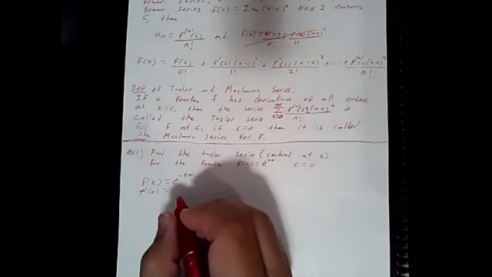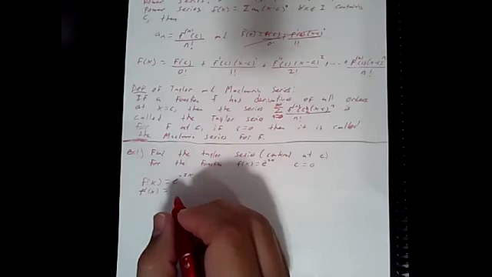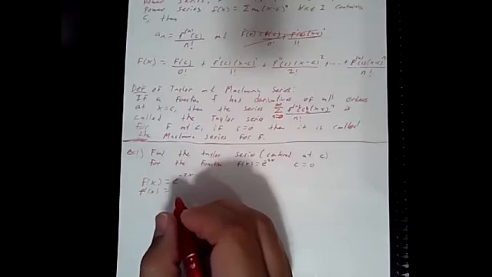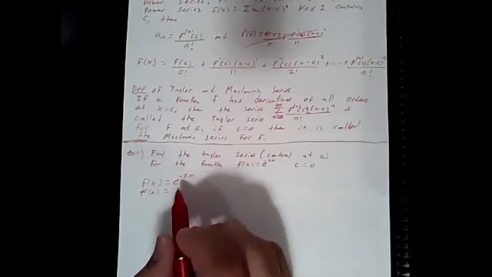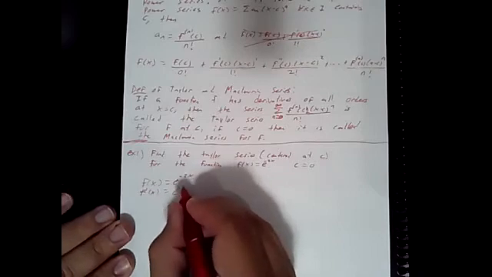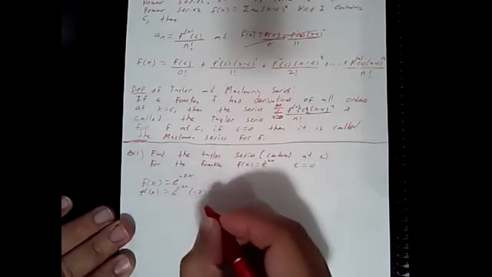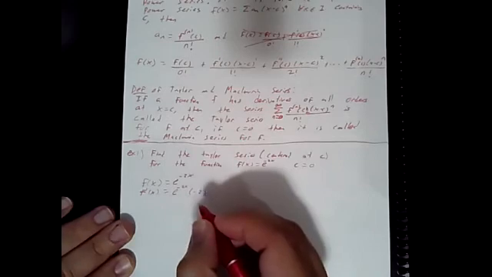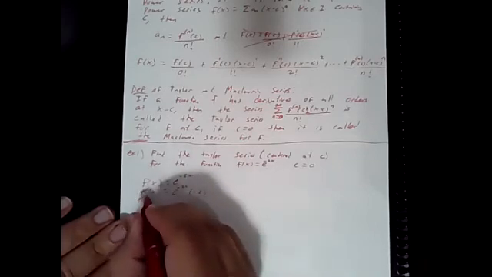It would be e to the x, would just be e. Yeah, I mean it's gonna stay the same, right? That's what you're remembering, right? But there's that chain rule. So we're gonna end up with e to the negative 2x times negative 2, right? Correct. Remember?